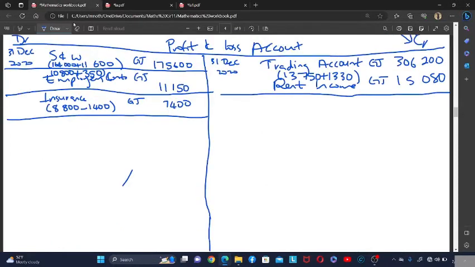So we know that the expenses, we record them here on the debit side of the profit and loss. Trading stock deficit. So we're going to have 70,000 minus 64,700, which is going to be 5,300.